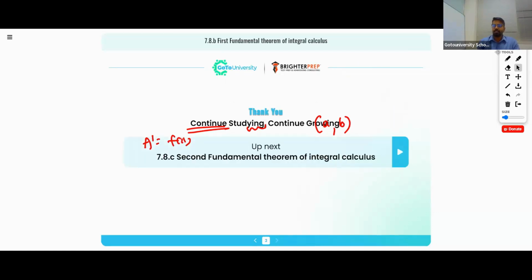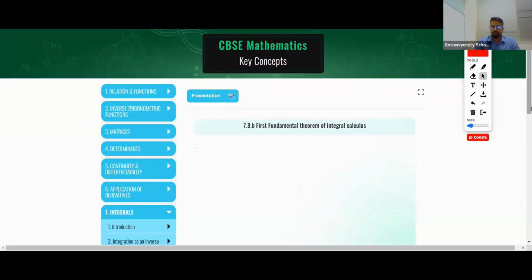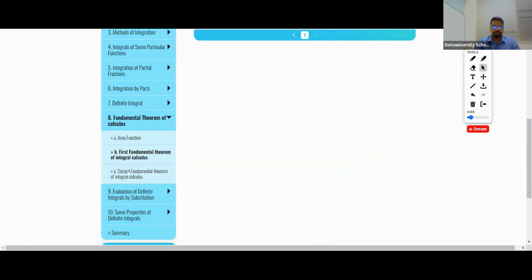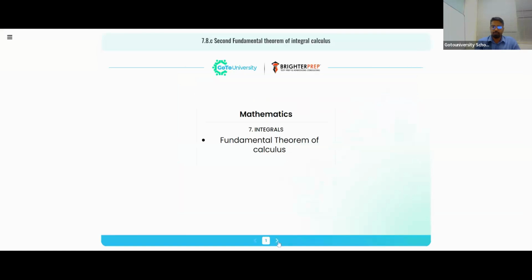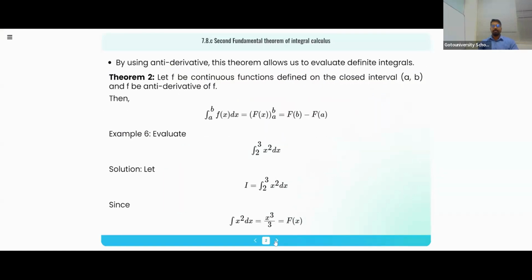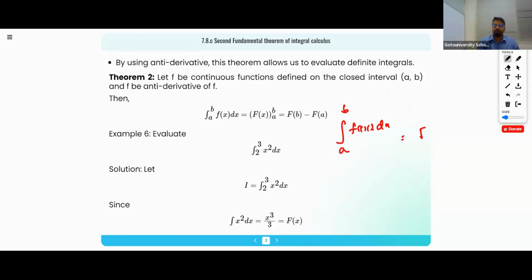Let's quickly check the next theorem, the second fundamental theorem of calculus. If a statement is asked, we should be able to state it, and the application we will see later. The theorem says, if we have the integral of f(x) dx from a to b, its value is going to be F(x) from a to b, which is obtained by substituting the value of b minus a.